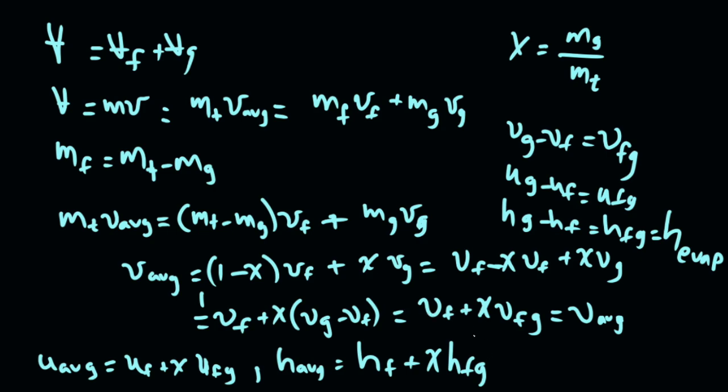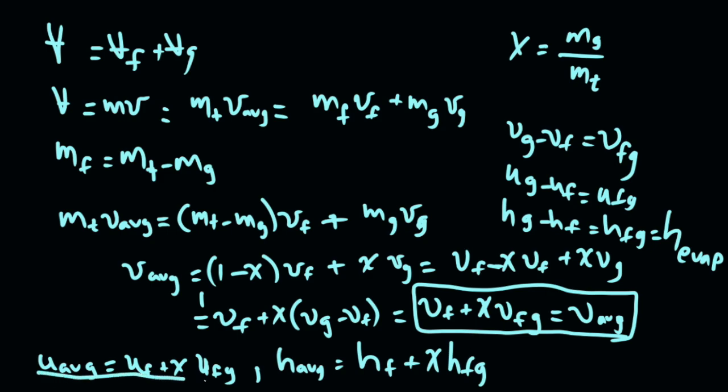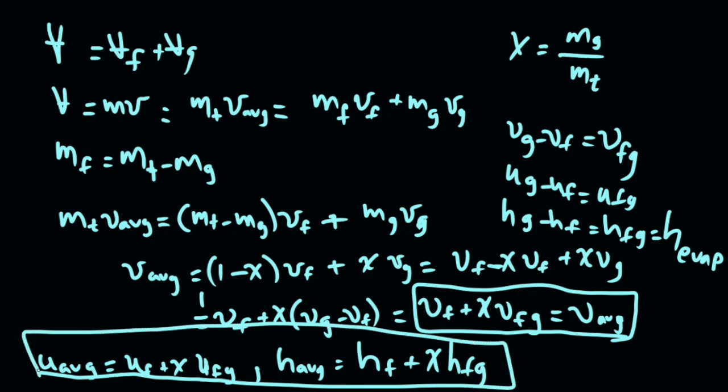And at the very root of this, at the beginning, we're trying to determine the specific volume of a mixture, and that's how you do it. But now I'm telling you, in general, for any property, we would need to know the quality in order to determine what the property is at that specific point. Okay.